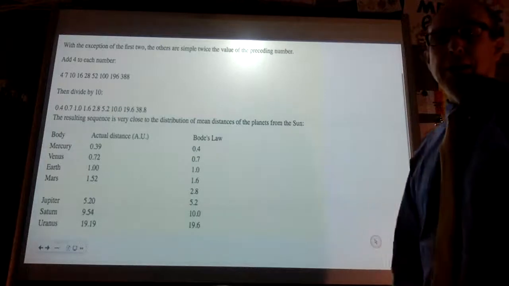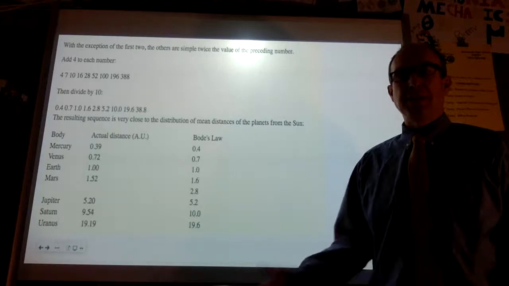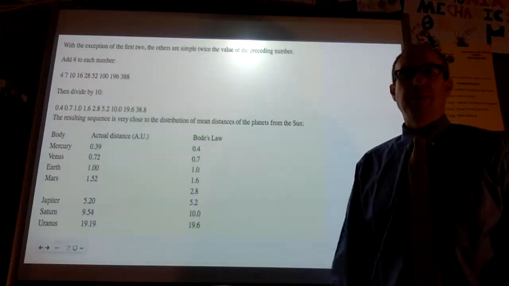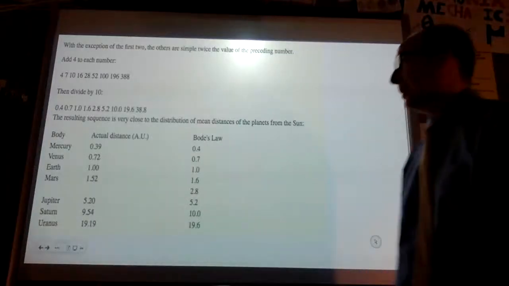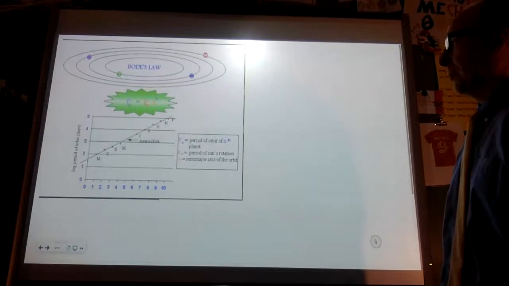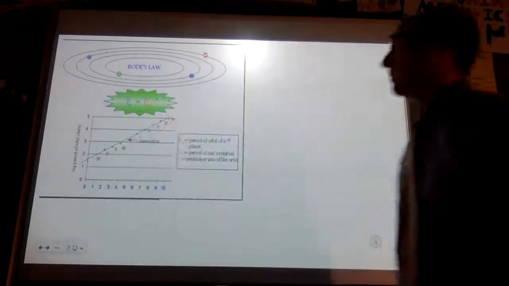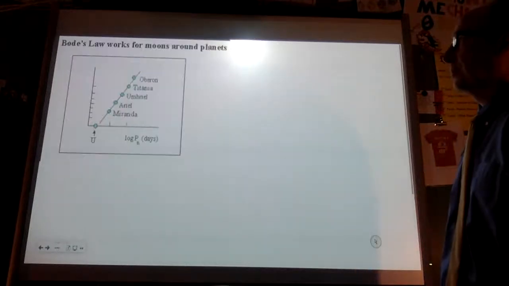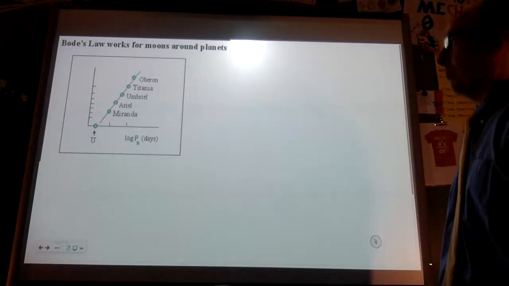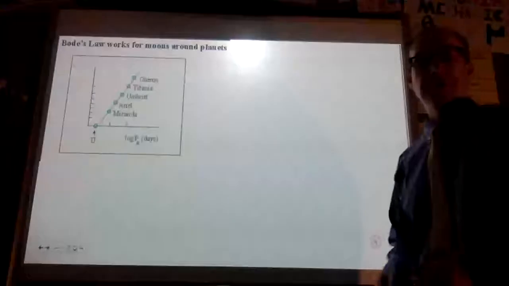And this is a law in the sense that it's called this, and it seems to work for our planets, but that's as far as it goes. So we can look at this linearly. And it works also for moons around planets. They're also going to follow this relationship.